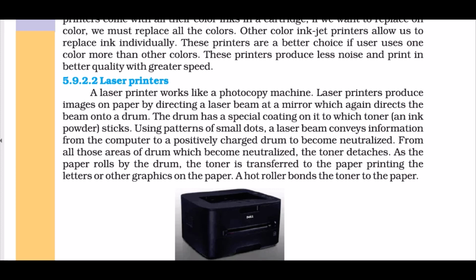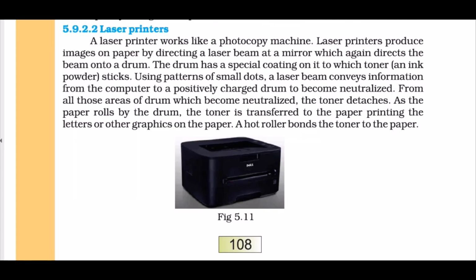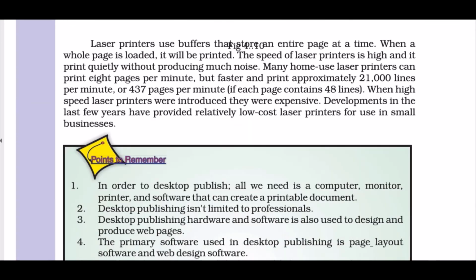Using patterns of small dots, a laser beam conveys information from the computer to the positively charged drum. The areas of the drum hit by the laser become neutralized, and the toner detaches. As paper rolls by the drum, the toner is transferred to the paper, printing letters and graphics on the paper. Then the paper rolls between two hot rollers, which bond the toner to the paper.